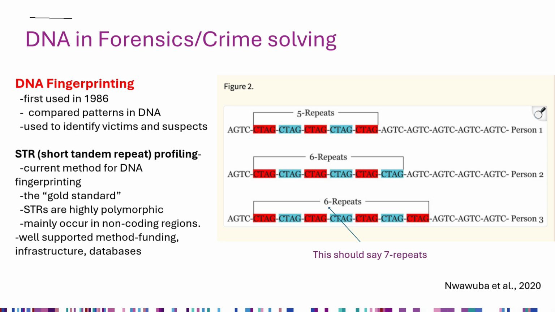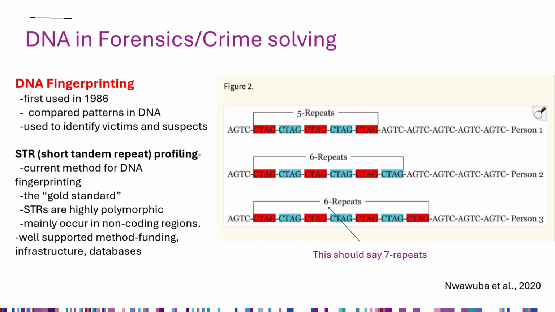In the 1990s, the use of short tandem repeats, we'll call them STRs for short, became the gold standard for DNA analysis. These are areas of repetitive DNA sequences with varying numbers of repeats and are referred to as STR loci. Regions with short tandem repeats are highly polymorphic.